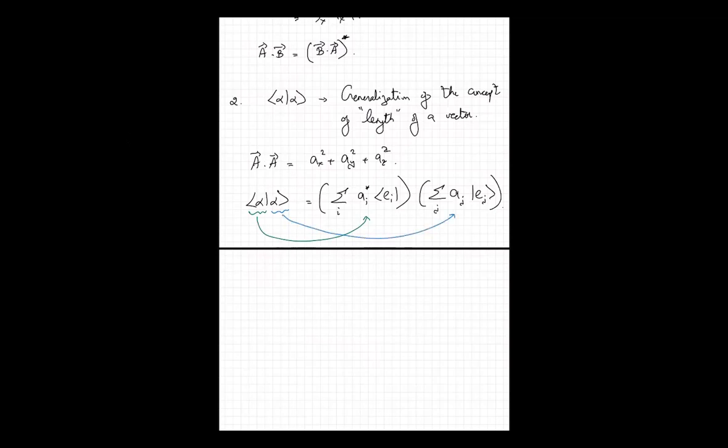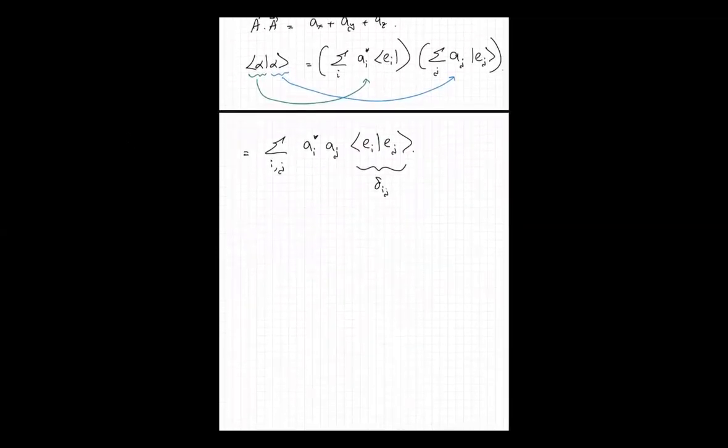So now how should I do this multiplication? Again, the ai star and aj are just numbers. So I have two sums, one over i and one over j. And this is equal to ai star aj times bra ei times ket ej. But this is a set of orthonormal basis vectors, so the dot product of ei and ej is the Kronecker delta, delta ij.